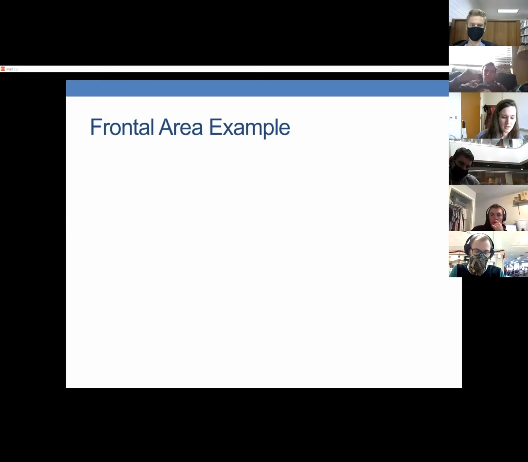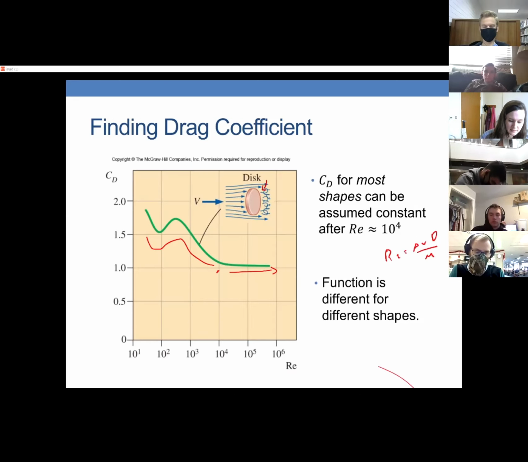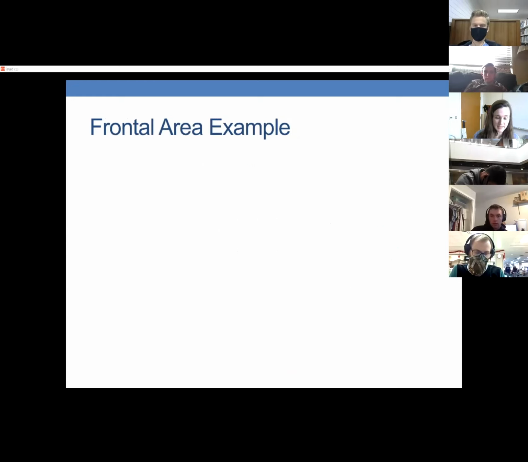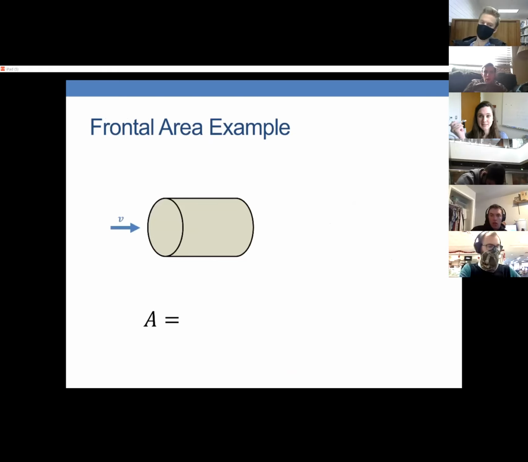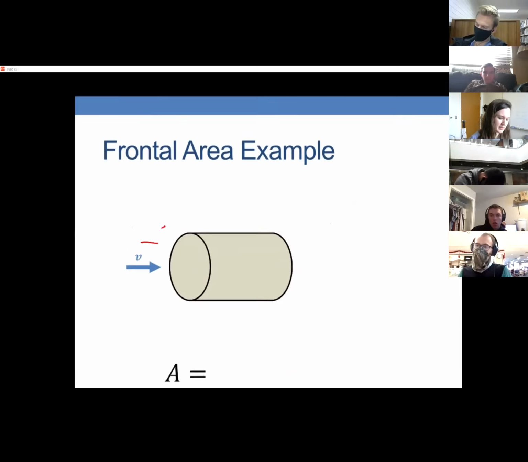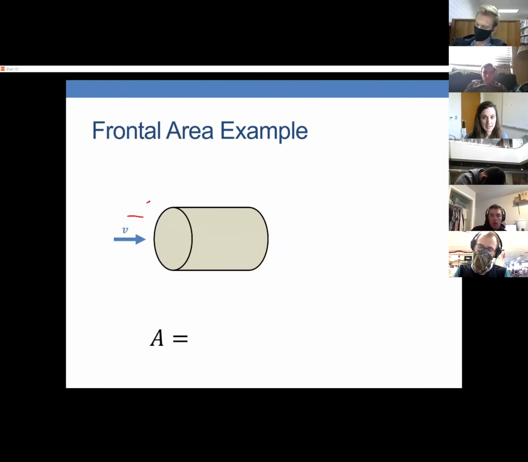Okay. So that area that we talked about, that's the frontal area, and I want to show what that means. For example, here I have a cylinder, and the flow is going this way. What would the projected frontal area of that cylinder be?